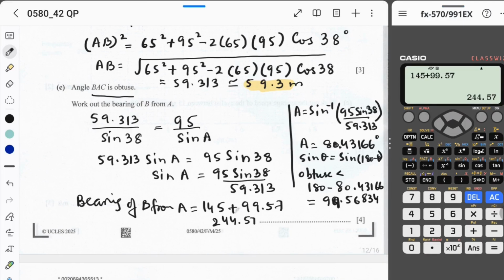So in one decimal place it is equals to 244.6, or you can write down 245 for three significant figures.